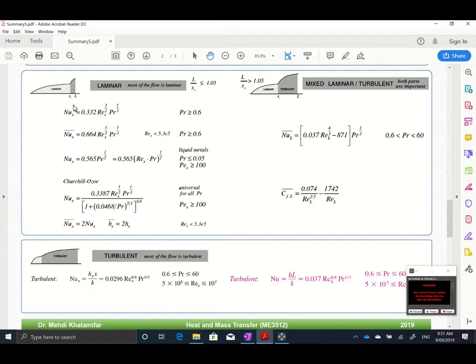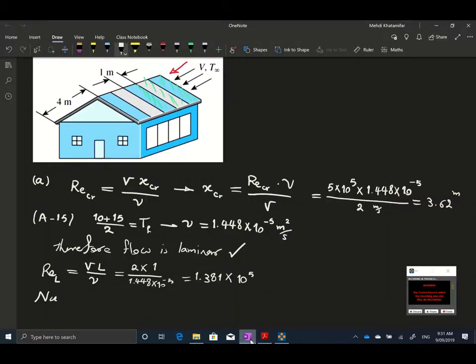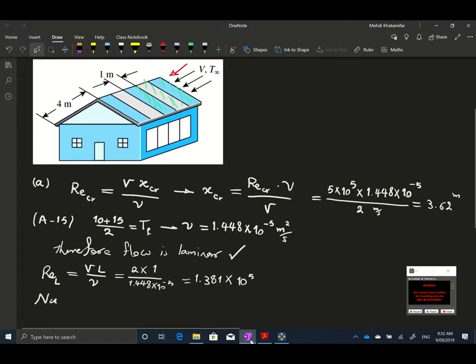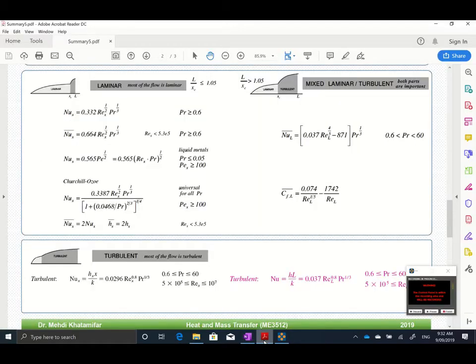Is it local or averaged? Let's go back. The question says find the heat transfer rate, or convective heat transfer rate, over the first plate. It doesn't say find it for x equal to, for example, 0.1 or 0.2, not for a specific point. It says for the whole plate. So we need the average, and the average Nusselt number formula is this one.